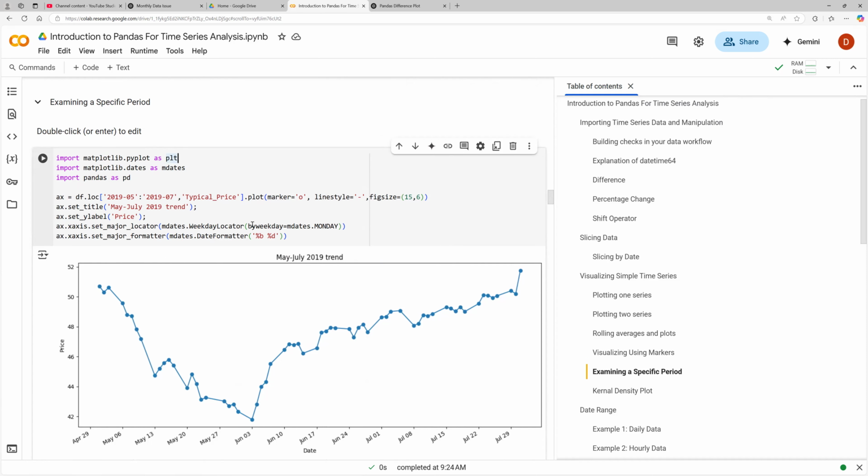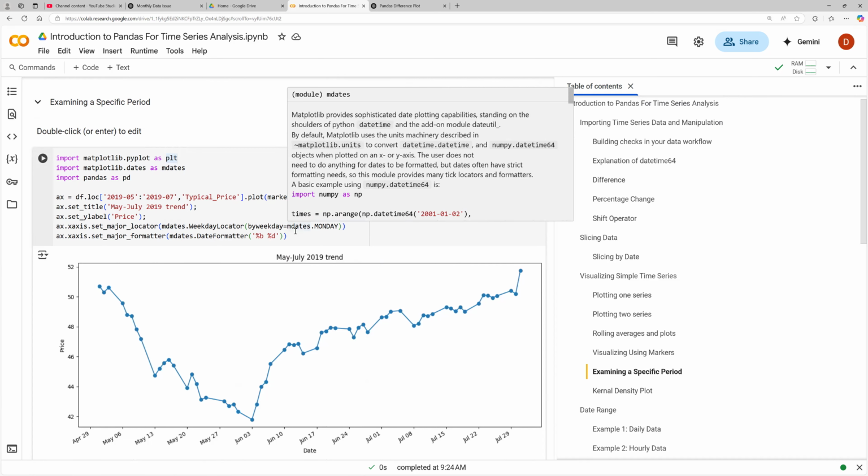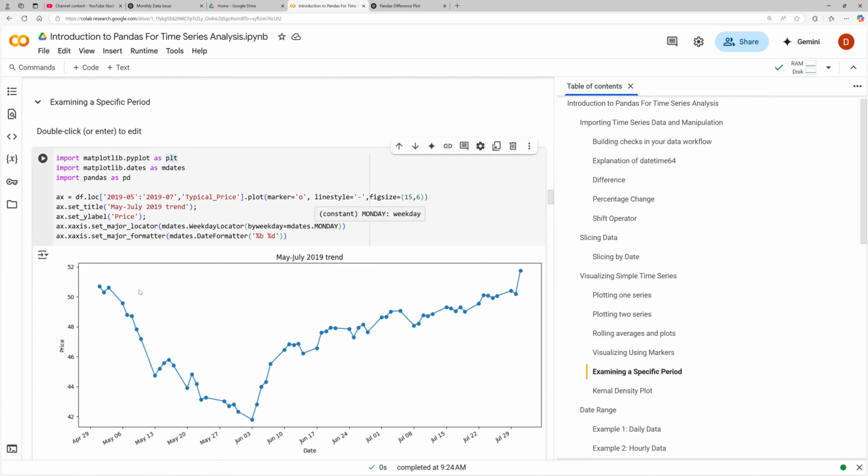We could take the weekday, every Monday, so we're going to take data points every Monday. This command, mdates.WeekdayLocator with byweekday equal to mdates.MONDAY, is helpful because it gives your graph room. You don't want to plot every date, it's going to clutter up your graph.